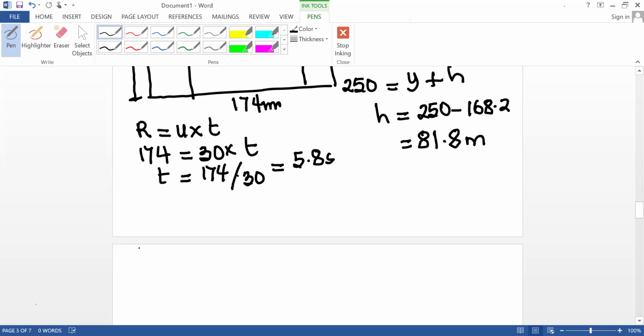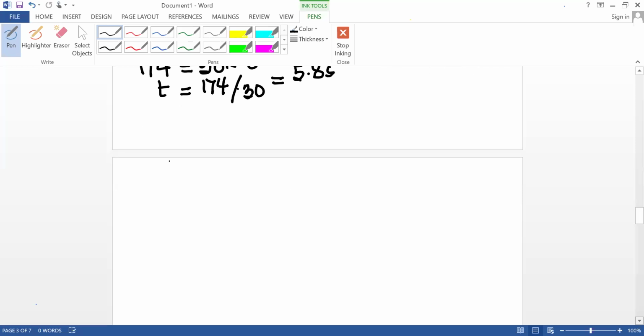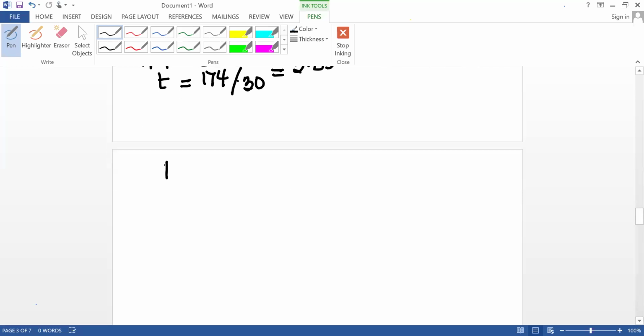Okay, B, a projectile has a maximum range of 40. Oh, okay, let me talk about this. I'll give you a different question. Let's talk about maximum range. We've just discussed the range, which is the total horizontal distance traveled by the projectile.